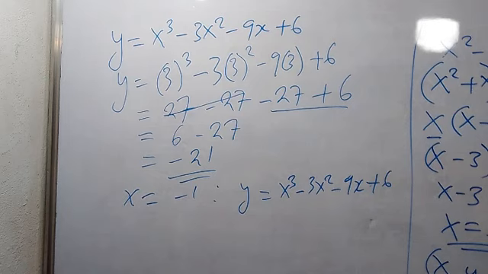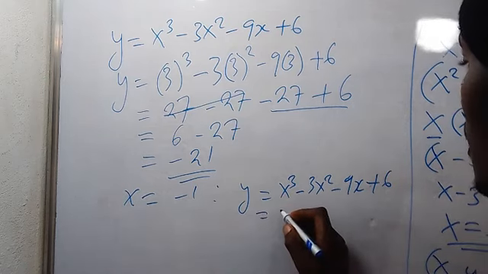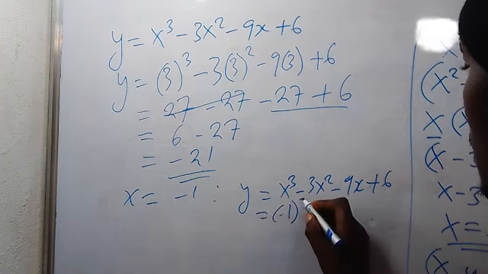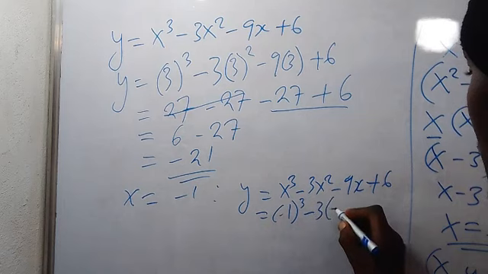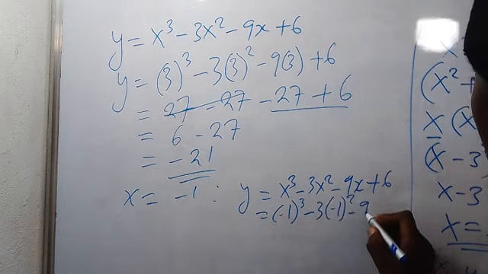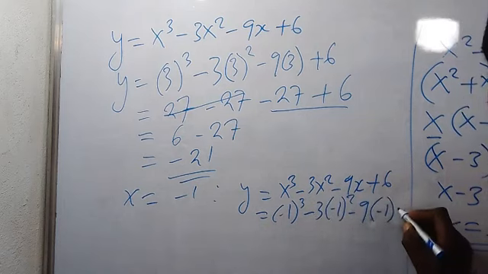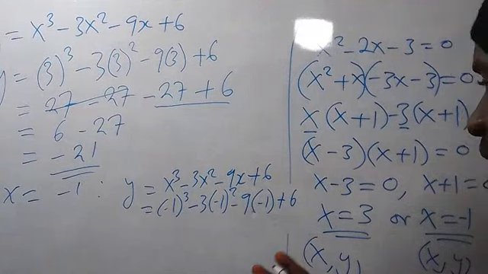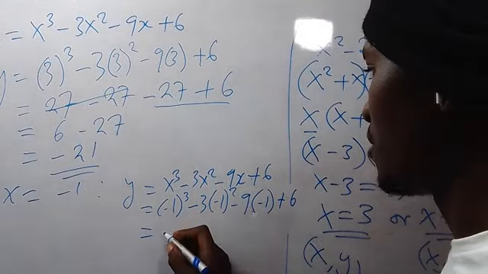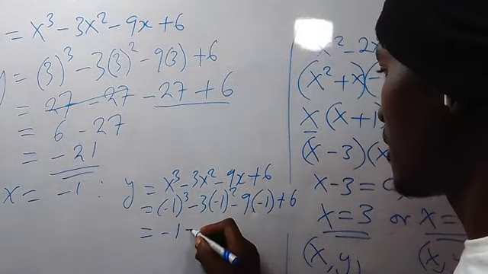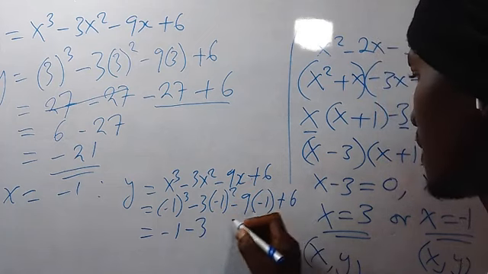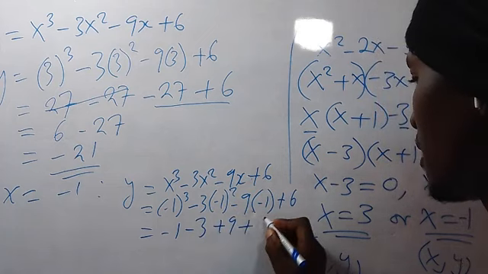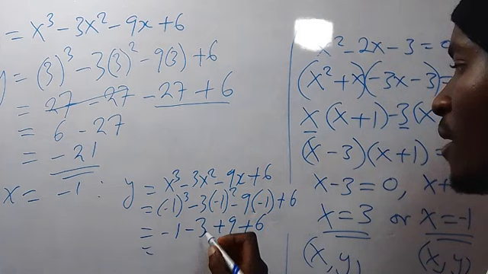When x is negative 1, this is going to be negative 1, then this is 3, this time that is plus 9, then plus 6.